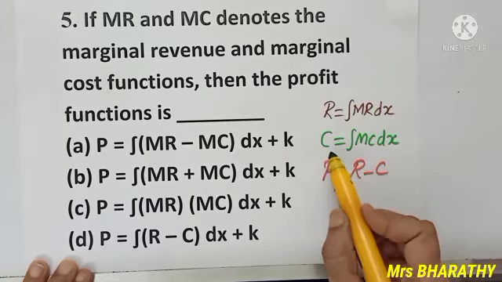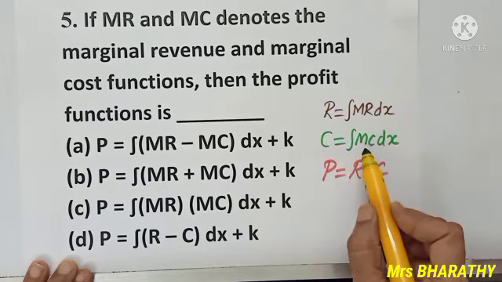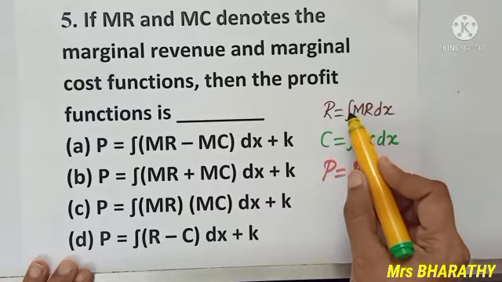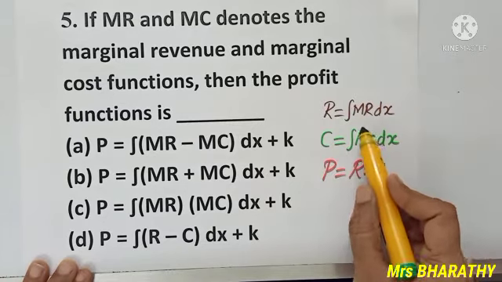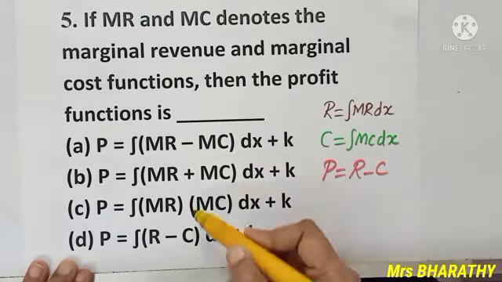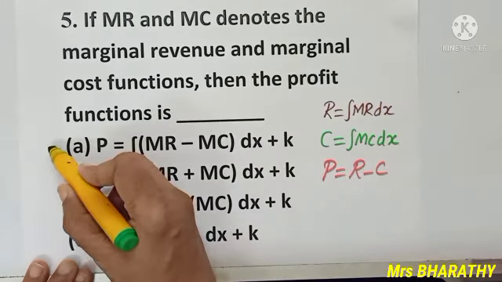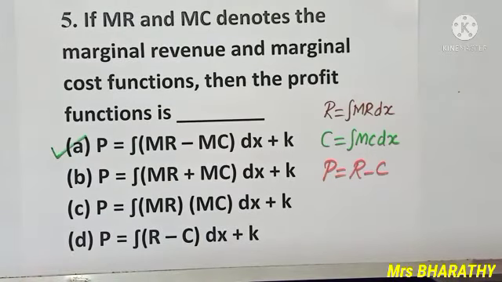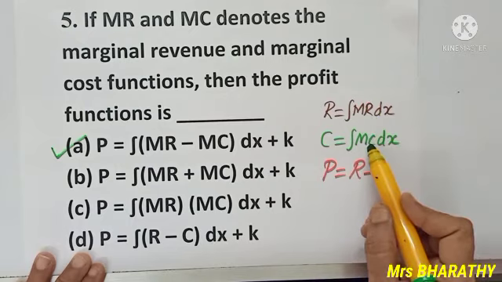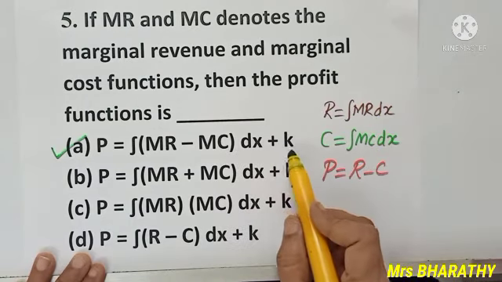And cost is integral marginal cost dx. So P will be integral MR dx minus integral MC dx. Out of the 4, we get option A to be the right choice. I get integral MR minus MC dx plus constant.